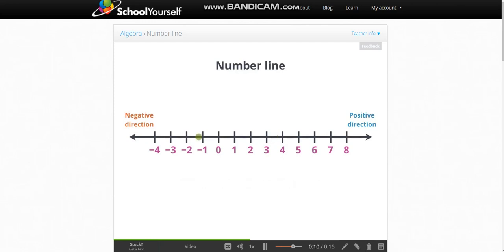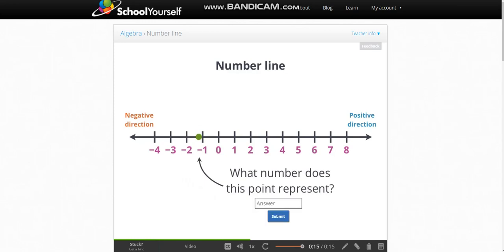As a final challenge, take a look at this point over here. What number would you say this point represents? Close, but not quite. -1.5 is over here, halfway between -1 and -2.